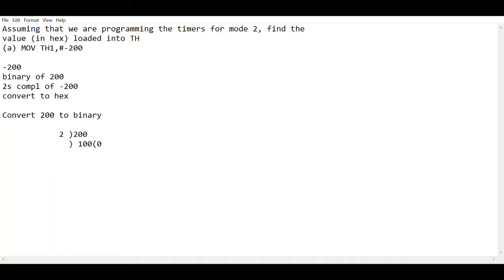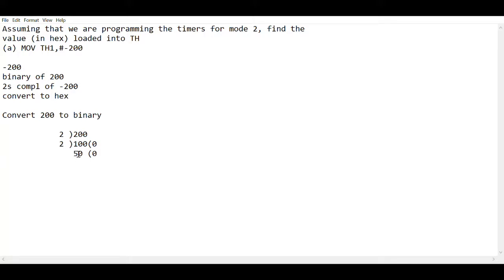Again, 100 divided by 2 will be 50. Again remainder is 0.